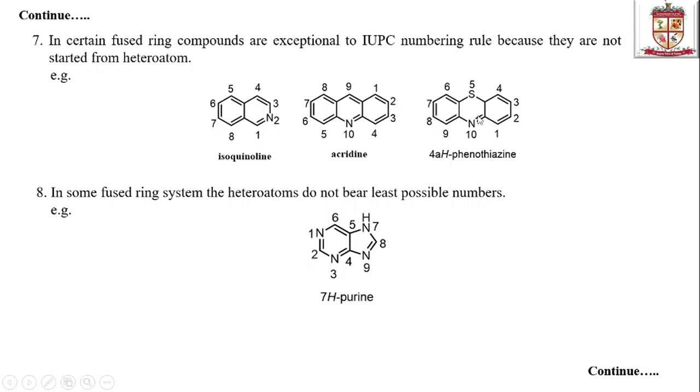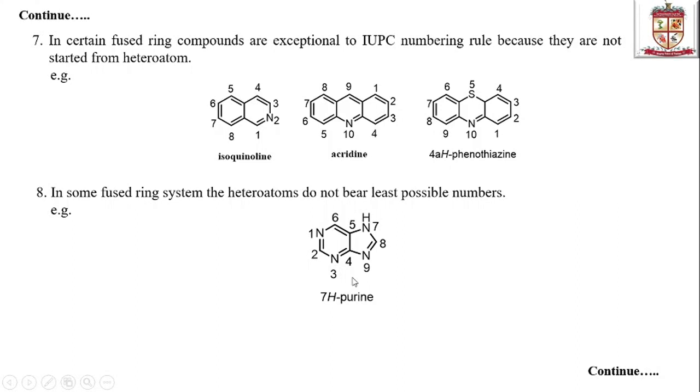Okay. Next, in some fused ring systems, heteroatoms do not bear the least possible number. The example is purine. The lowest possible number is not possible for the other heteroatom, but this is homocyclic and heterocyclic, as we learned in the first video.